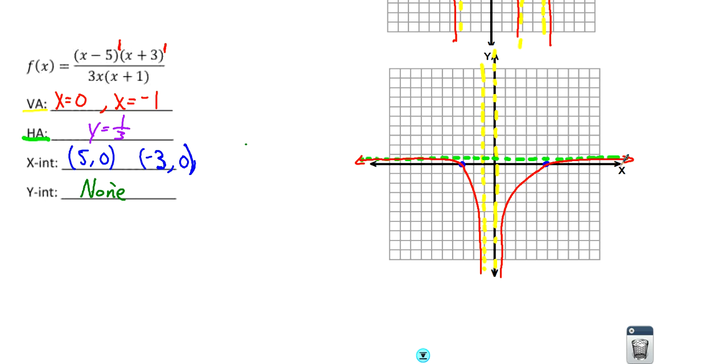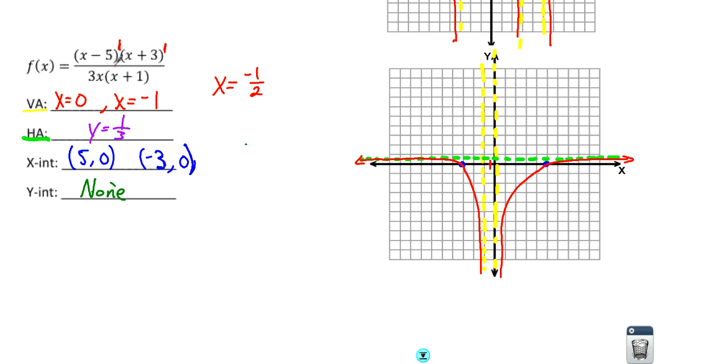Now, the only thing left is this middle piece. So again, I have no x-intercept here, so it's either going to be above the x-axis or below the x-axis. So we've got to plug in a point. Being right here in between 0 and -1, we're going to have to pick -1/2. So plug in -1/2.